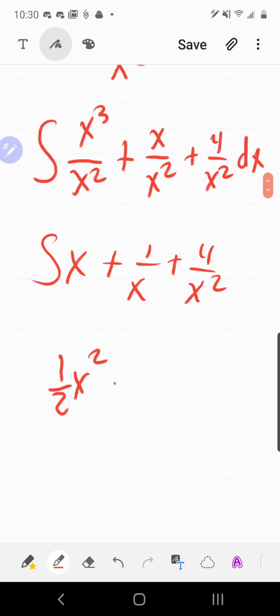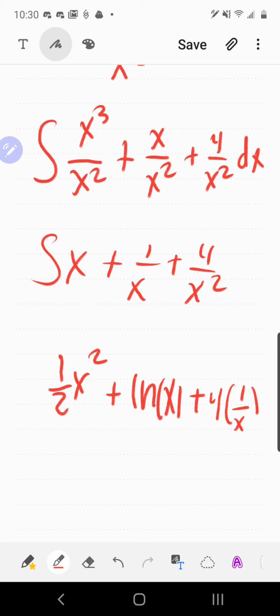That's what we get from that, plus natural log of x plus 4 times negative 1 over x, plus c, can't forget the c.